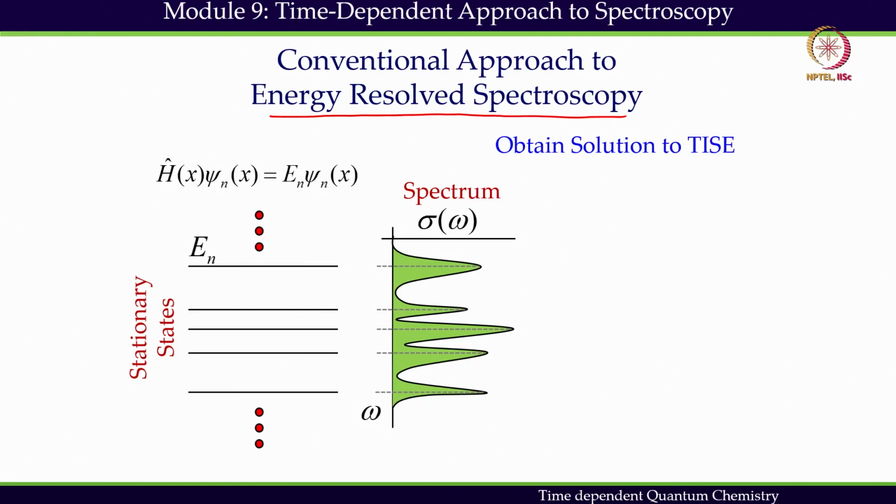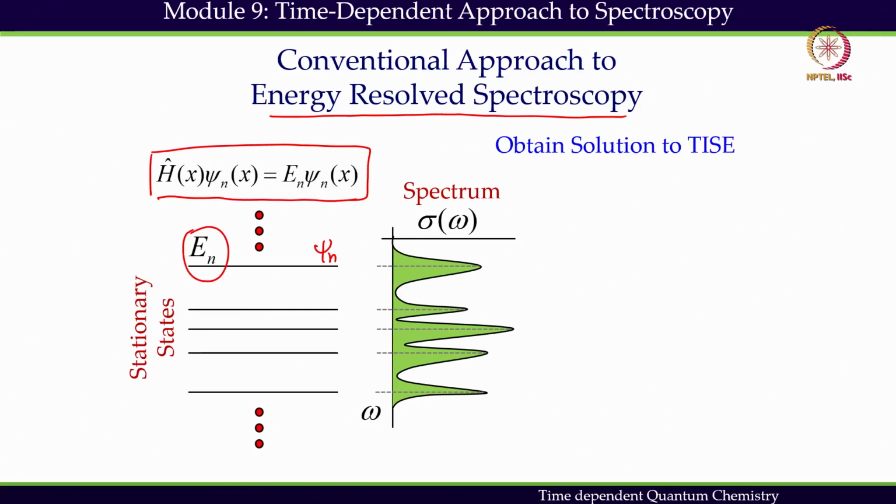Conventionally, what we have already realized is that the time independent Schrodinger equation, which is given by this equation, for a quantum system provides the stationary eigenstate energies En, and the eigenstate wave functions psi n are provided by the time independent Schrodinger equation.